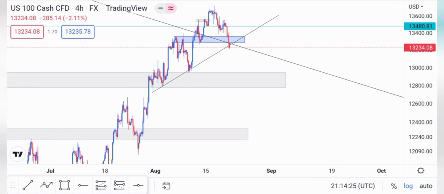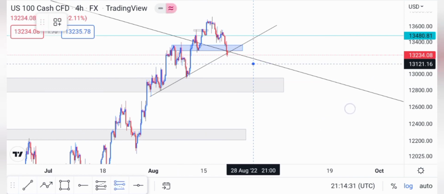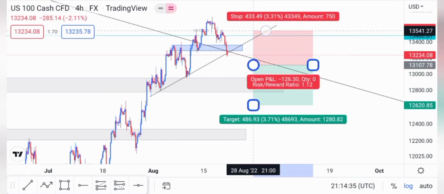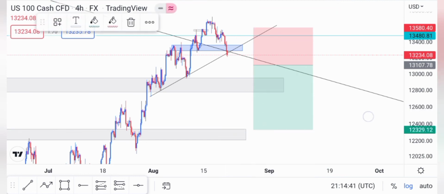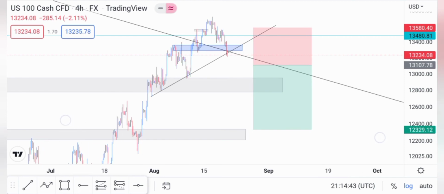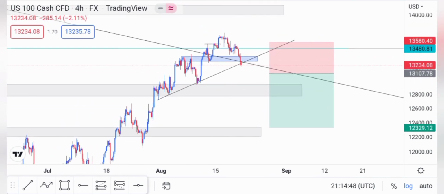So let us keep on waiting. But I feel like NAS100 also is going to sell, but we have to be very careful with our entry levels so that we do not get trapped. So let us be careful, guys, on this path.